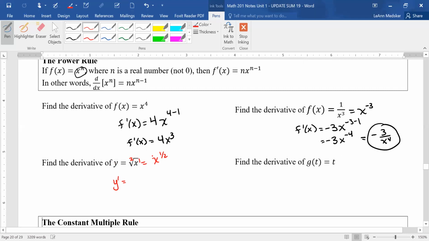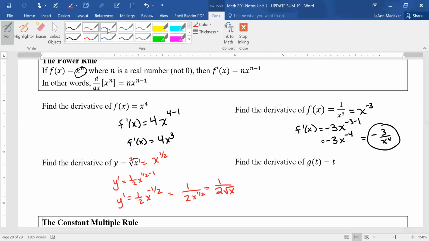So pull the power to the front: 1/2 x to the 1/2 minus 1. So y prime is 1/2 x to the -1/2, since it's subtracting more than we have. That would then move to the bottom, so this is 1/2 x to the 1/2 down in the bottom, because the 2 was already in the bottom. Sometimes we'll have you rewrite that with the radical format since that's how they gave it to us. So it's 1/2 times the square root of x.